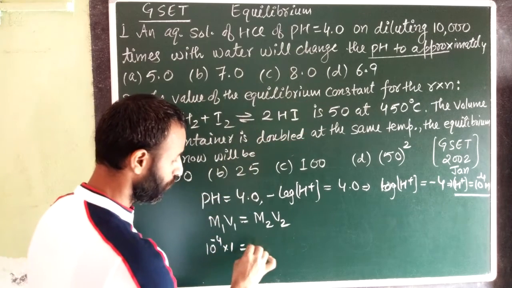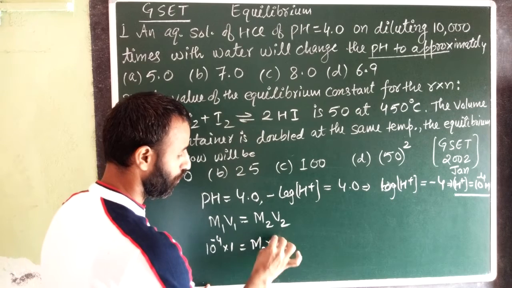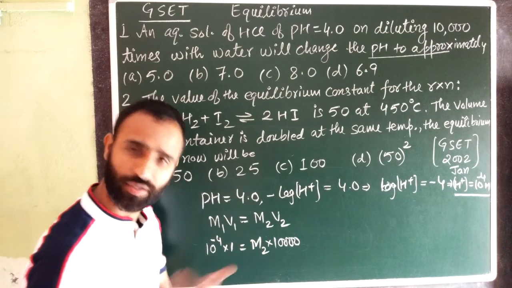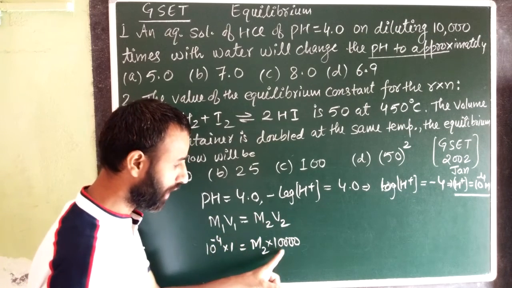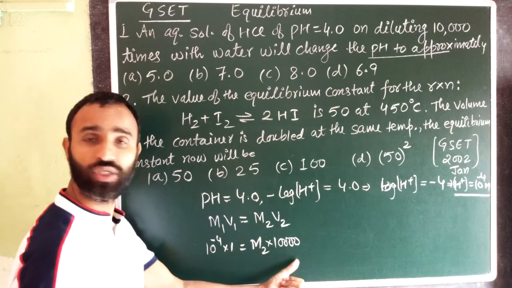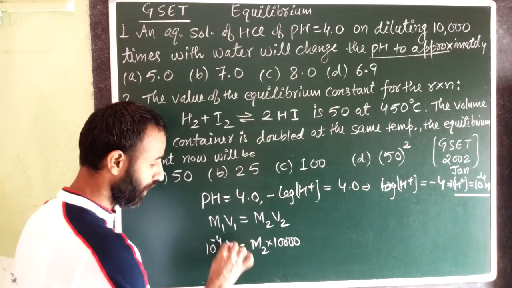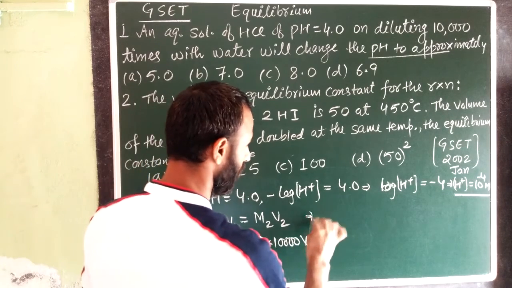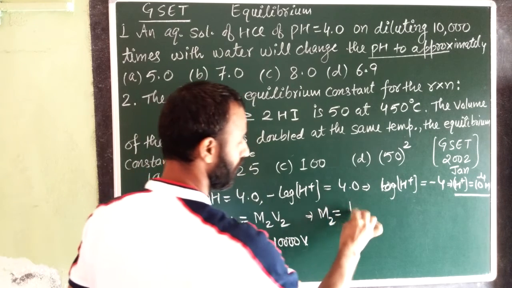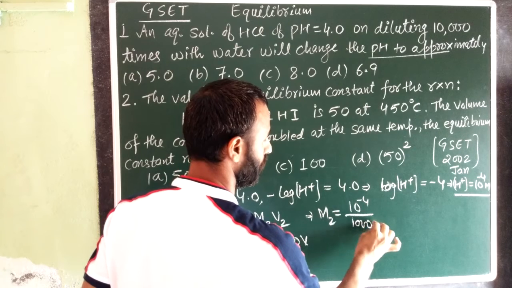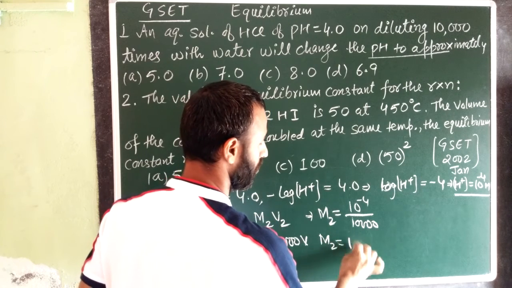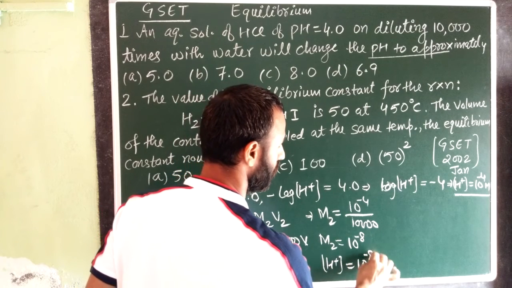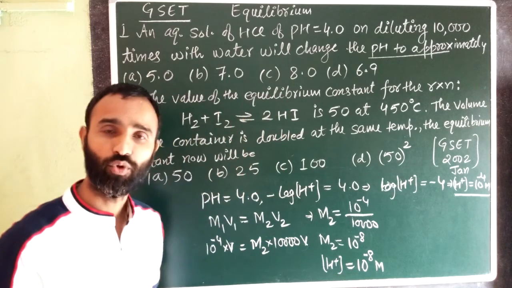It is diluted 10,000 times, so V2 is 10,000. If it is volume V, then it is 10,000 V. So V cancels, and M2 comes out to be 10 raised to power minus 4 over 10,000. So M2 is 10 raised to power minus 8. That means the H plus concentration after dilution is 10 raised to power minus 8 molar.